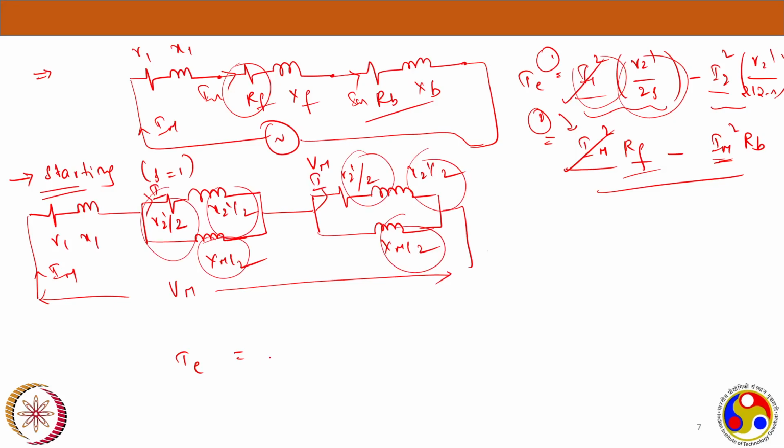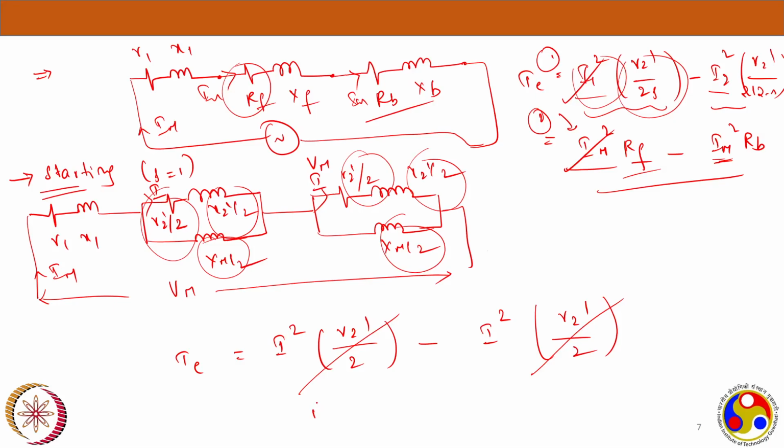Now the current will be I square, the resistance part is R2 dash by 2 minus the same current I square. The forward and backward resistances are the same at the starting, S is equal to 1. So this is 0, TE is equal to 0 at the starting. So this condition is verified, that the starting torque is absent for our induction machine in the single phase condition.